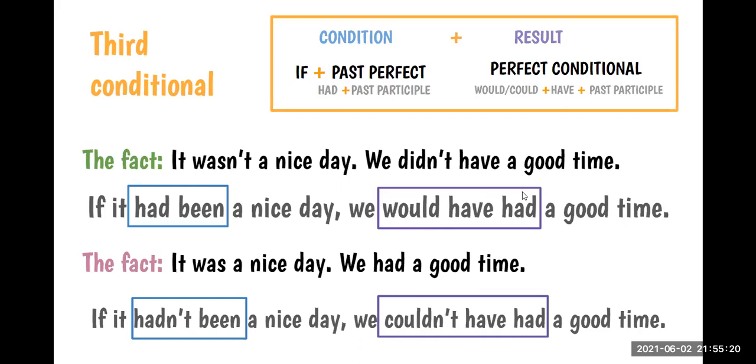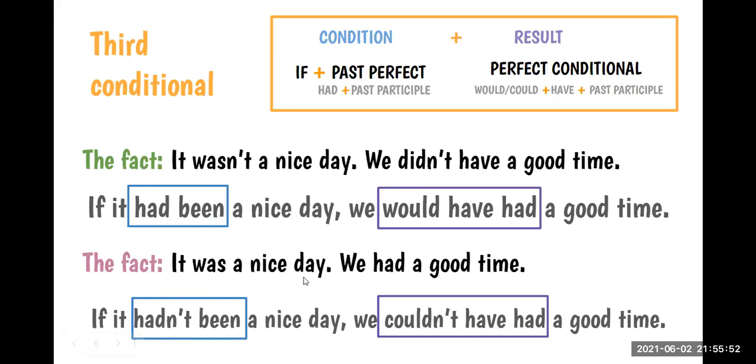So this is when we are talking about the past, something unreal in the past. Por ejemplo, esto es lo que pasó, ¿cierto? No fue un buen día, entonces no la pasamos bien. Pero yo puedo decir algo que es irreal, algo que es imaginario. Si hubiésemos tenido un buen día o si hubiese sido un buen día, lo hubiésemos pasado bien. ¿Ok? Lo mismo acá.